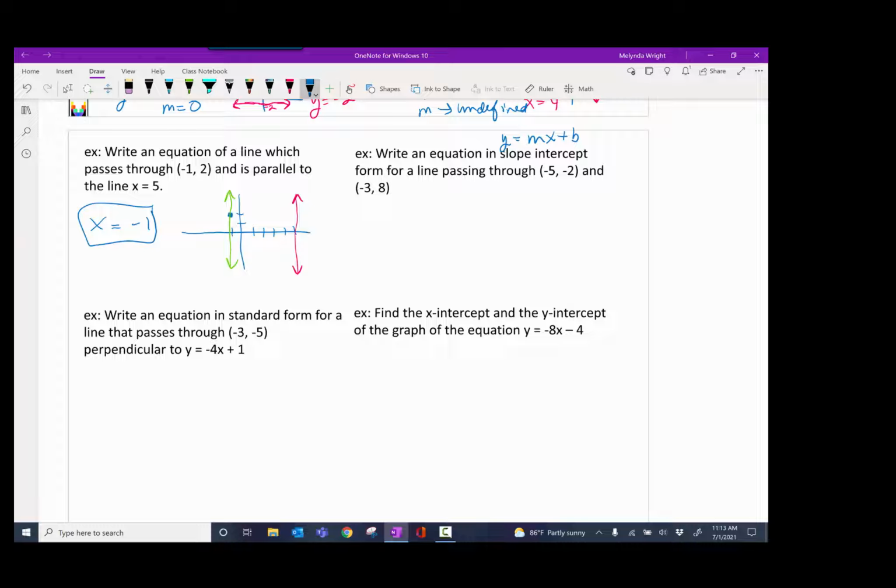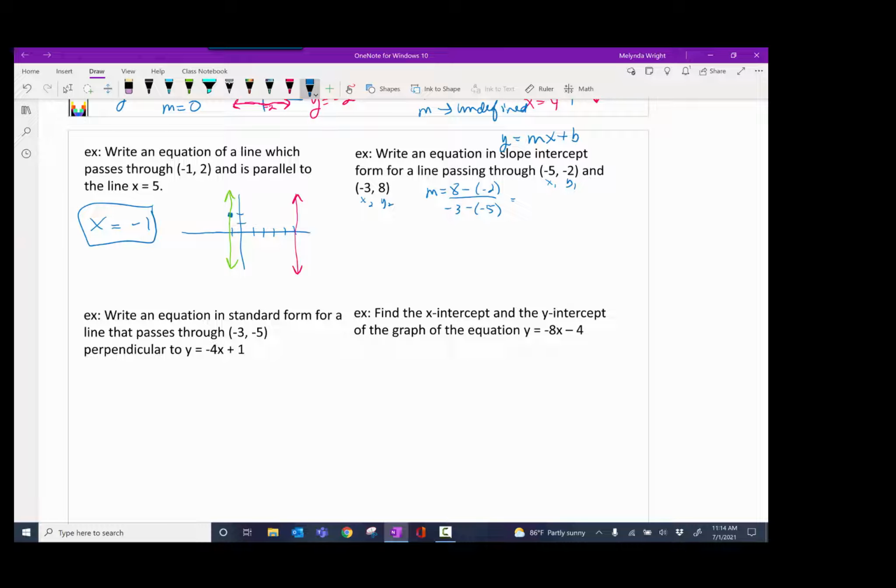So we're going to use our formula for slope to find the slope. For example, we could call this our x1 and y1, and this would be our x2, y2. So the slope would be 8 minus a -2 over -3 minus a -5.